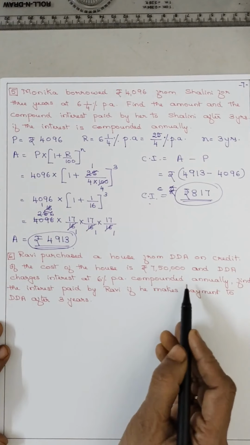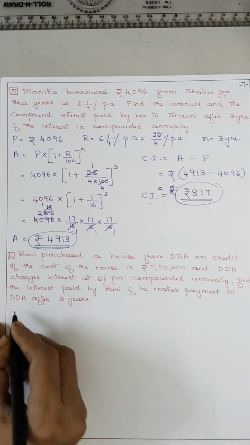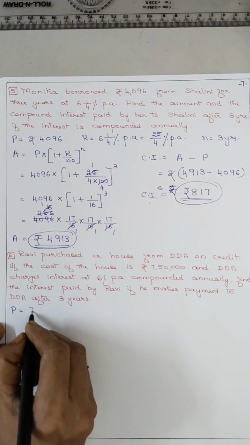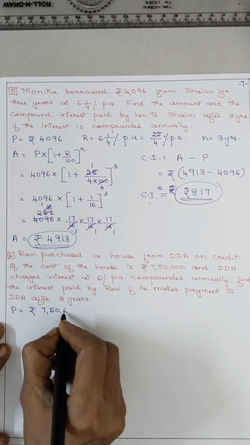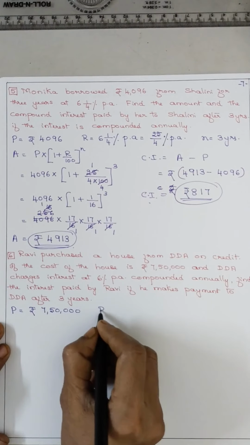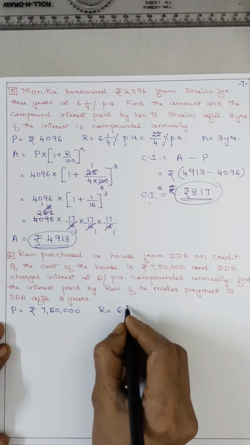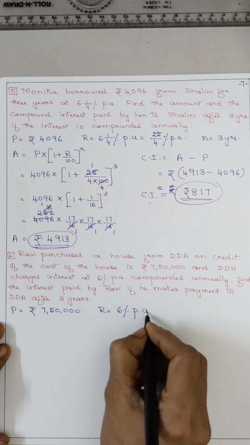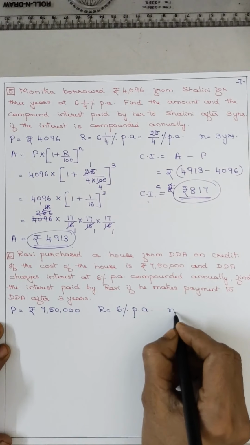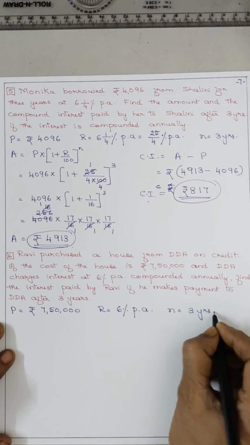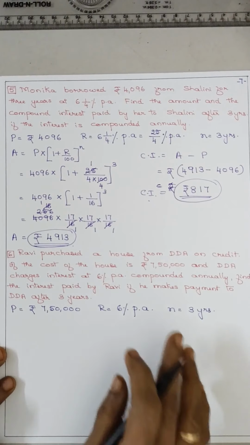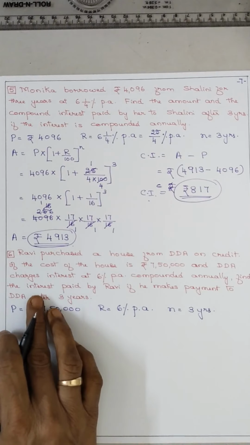It is compounded annually. So P is equal to 7,50,000. Rate of interest is 6% per annum. The time, that is period, is 3 years. N is 3 years.